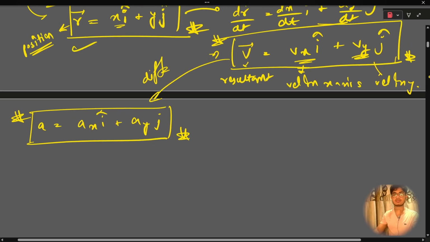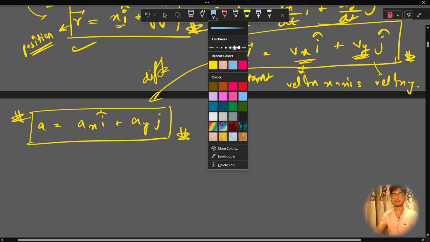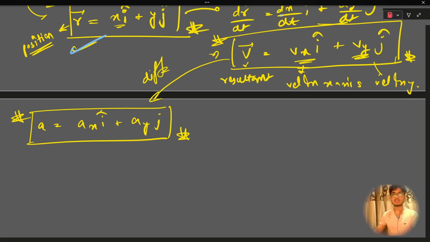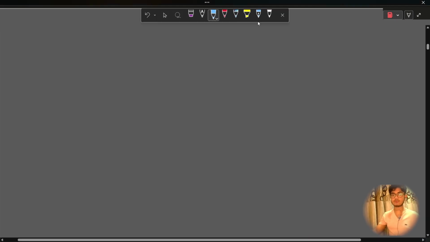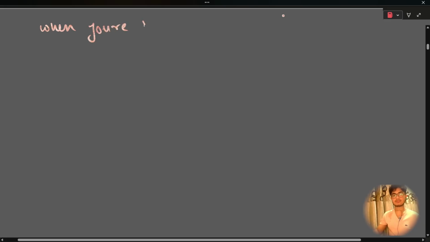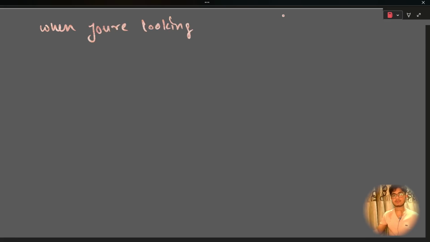This is what 2D motion is basically. All of these have two dimensions to it. These have two components to it. That's why it's called 2D motion. Now we can write the equations of motion from this 2D motion also. So there's a rule of thumb, that is, when you're looking at one axis, forget about the other.